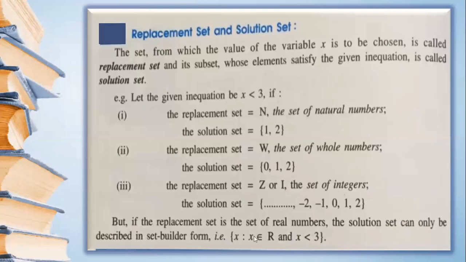So for whole numbers, natural numbers or integers, we can represent the solution set in tabular form because we have distinct numbers there. But if the replacement set is the set of real numbers, then it should be written in set builder form.